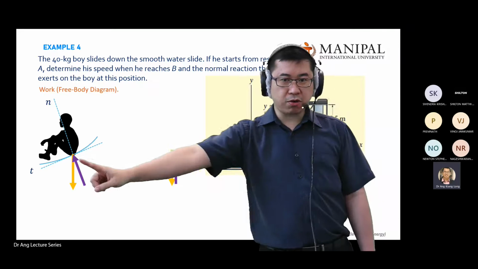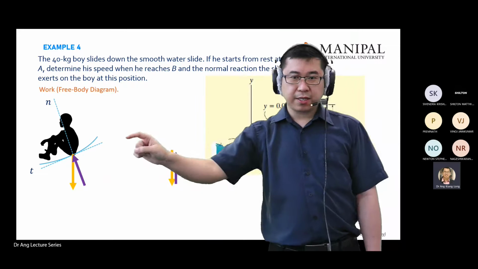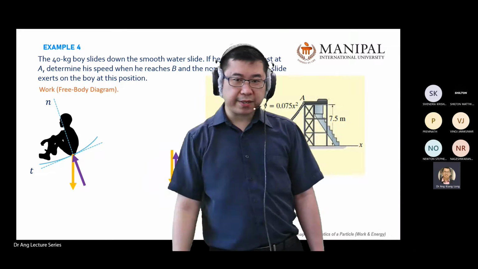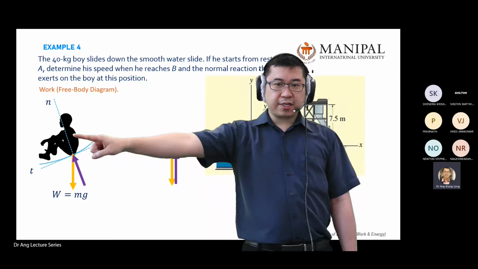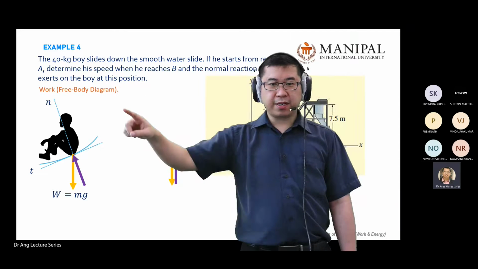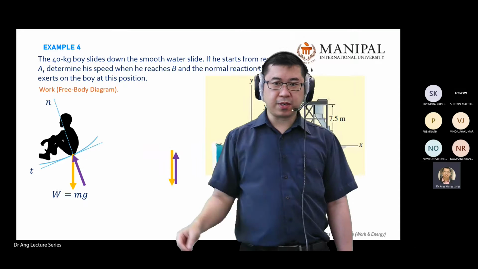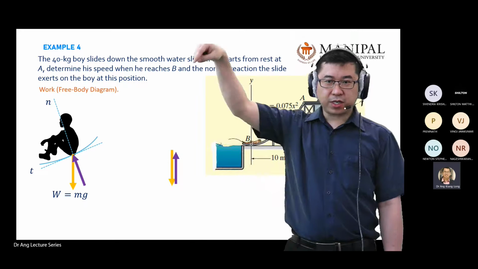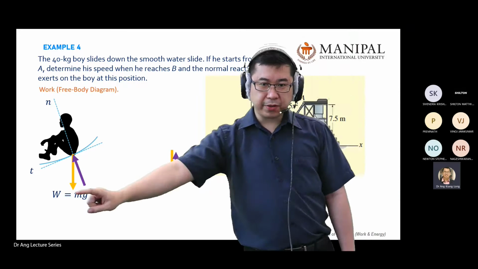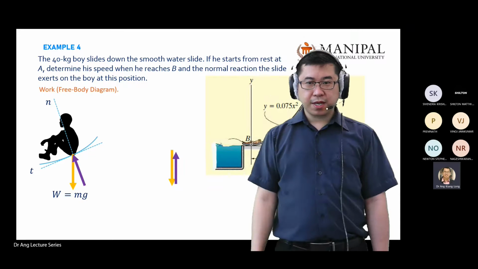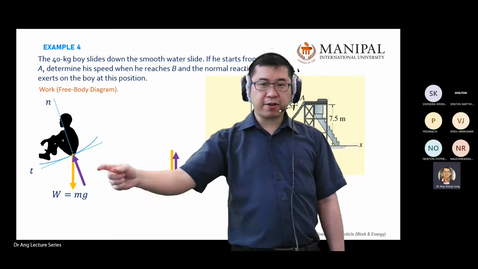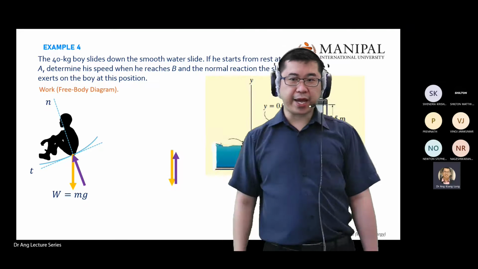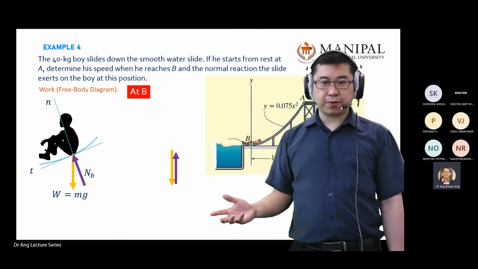So that's why normal goes up, tangent goes there. Weight always points down, no matter what the curve looks like. Always going down, W equal to mg, and there must be a force holding the boy from shooting into the air. It is a normal force.